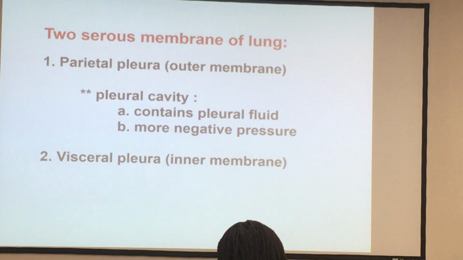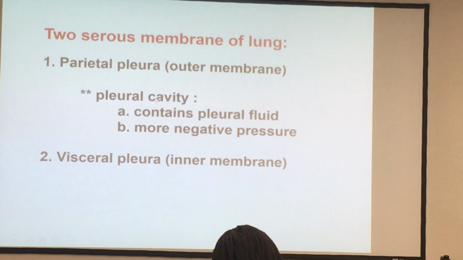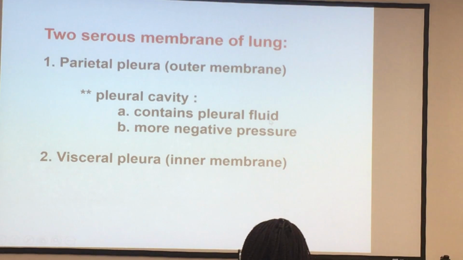Okay, now the lung, just like the heart, also has 2 serous membranes. Outside we always call parietal. Parietal pleura means the lung's outer membrane. Inside is the visceral pleura, the inner membrane. And in between we have the pleural cavity. And it contains pleural fluid.